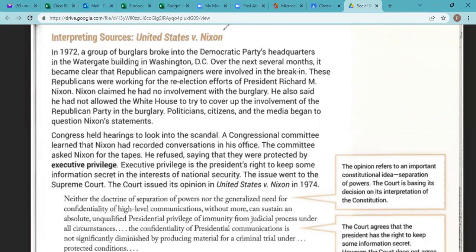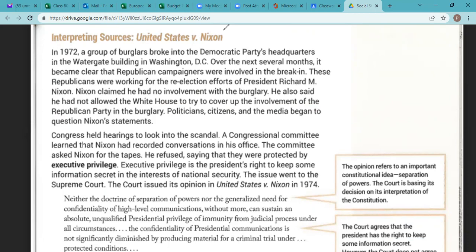Over the next several months, it became clear that Republican campaigners were involved in the break-in. These Republicans were working for the re-election efforts of President Richard M. Nixon. Now, Nixon claimed that he had no involvement with this burglary, right? So he also said he had not allowed the White House to try to cover up the involvement of the Republican Party in this burglary.